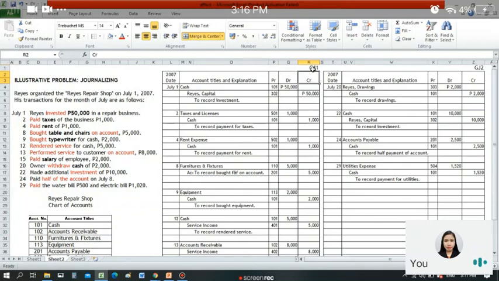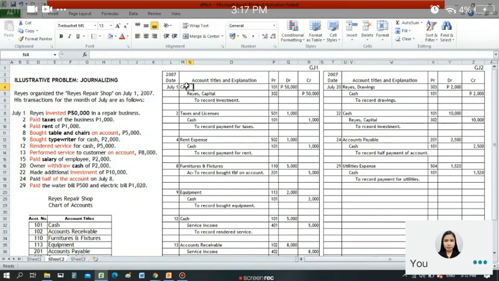Then indicate the page of the journal, so GJ1 means this is your first page. In writing the year, if there is a given year in the transaction, write it above the word date. In writing the date, write July and then the first date; on the second date, you don't need to write the month July again.